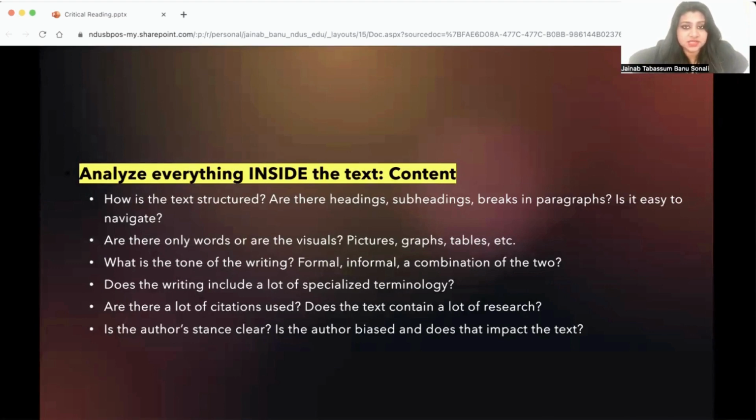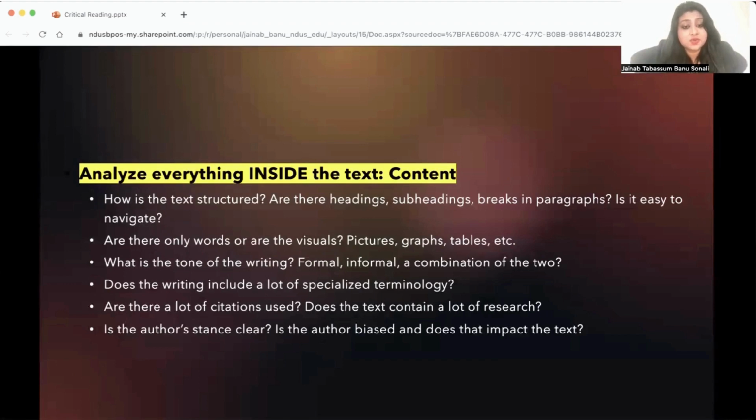You will understand the structure when you pay attention to the genre. Then ask this question, are there only words or are there visuals like pictures, graphs, tables? Because these days we can also see multimodal texts. Those are credible texts, those are critical texts, and you can use them in your research work. So it is important to understand the visual rhetoric also.